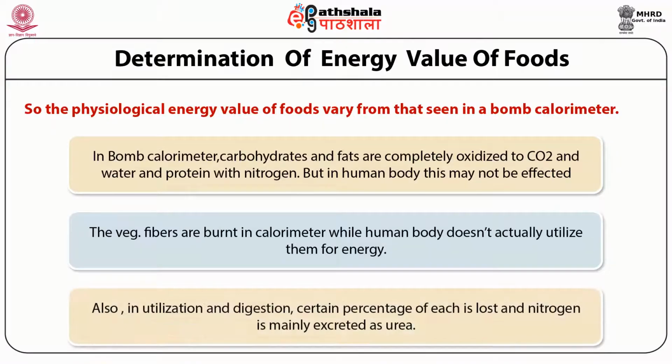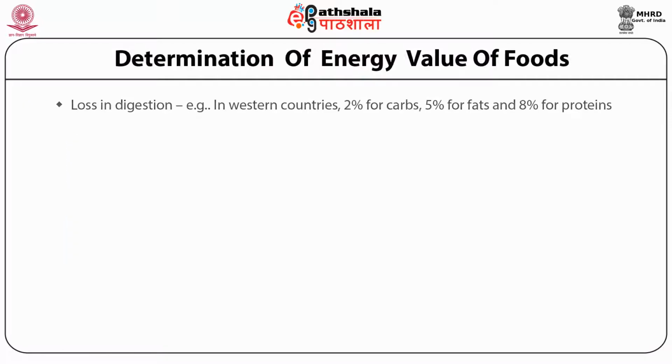Also, in utilization and digestion, a certain percentage of each is lost and nitrogen is mainly excreted as urea. Loss in digestion, for example, in Western countries, is 2% for carbohydrates, 5% for fats, and 8% for proteins.